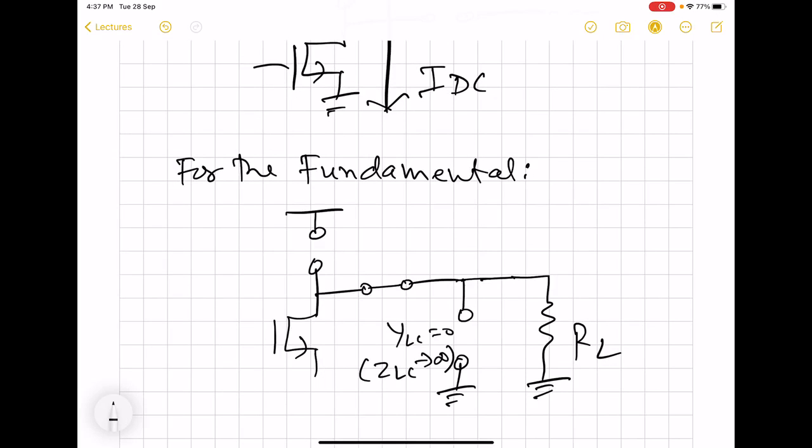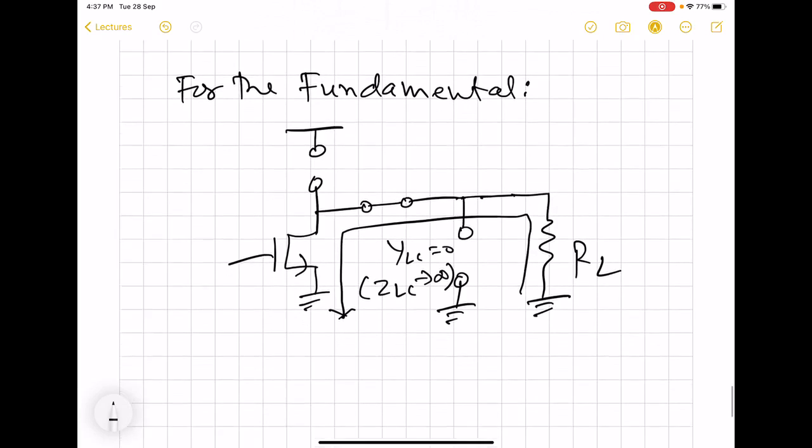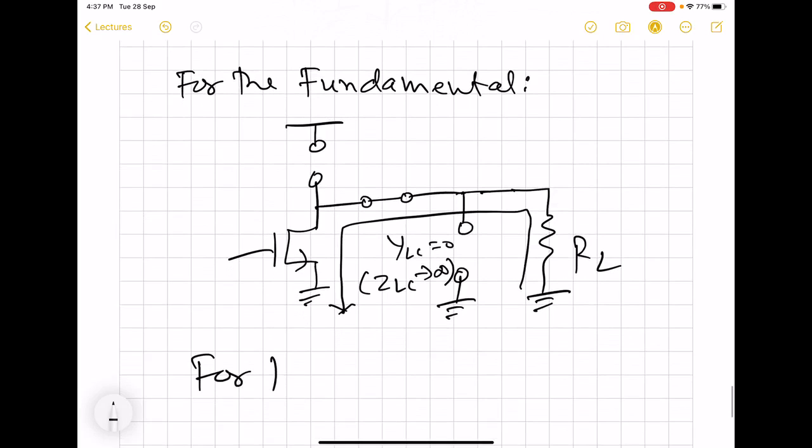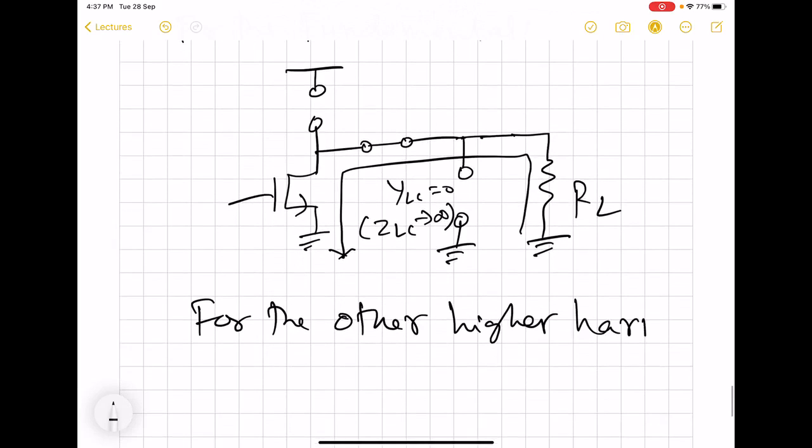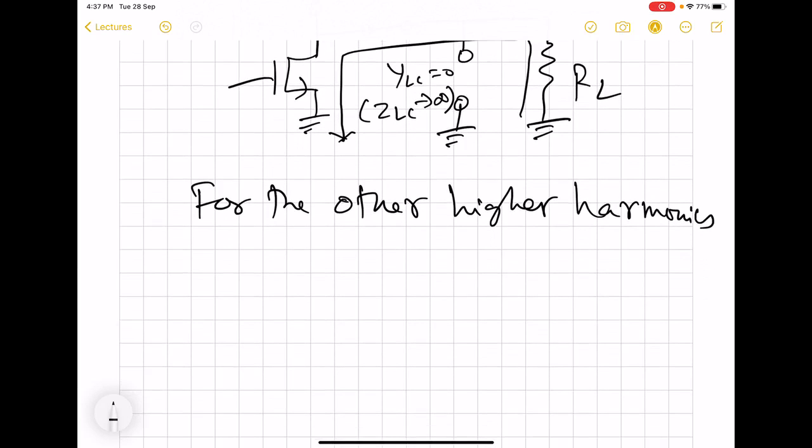Of course, this is true for the fundamental, and for the other harmonics, the equivalent circuit.